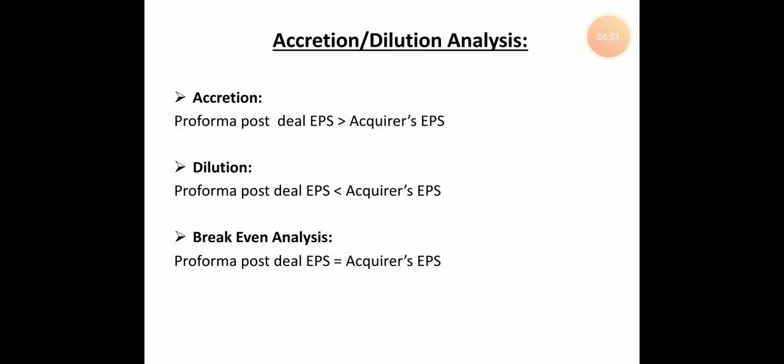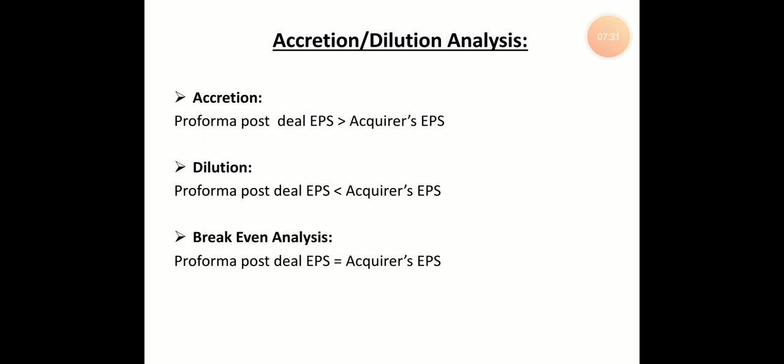Then the next part is called accretion dilution analysis, under which there are three parts: number one is accretion, number two is dilution, number three is break-even analysis. In accretion, basically if the post-deal EPS is increased compared to the acquirer's EPS, मीन्स अगर मेरी नए वाली EPS जो है वो ज़्यादा है as compared to the previous EPS, that is known as accretion. Accretion stands for increase in EPS, that is beneficial for the organization. And the second one is dilution.